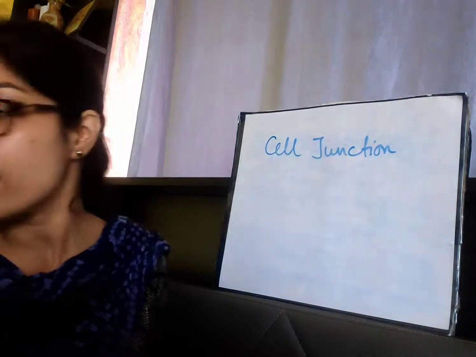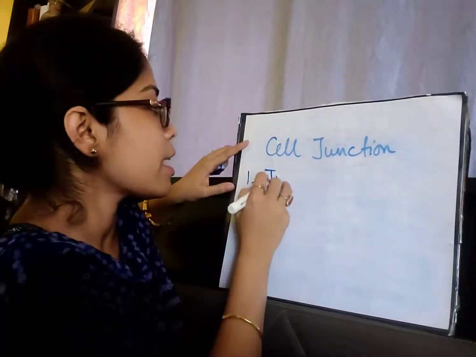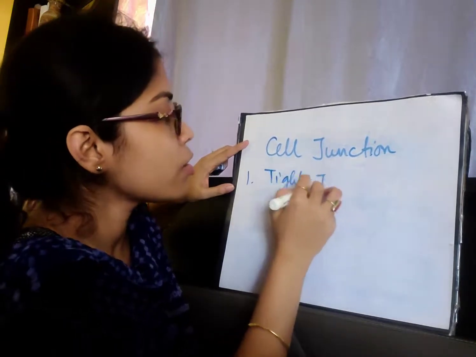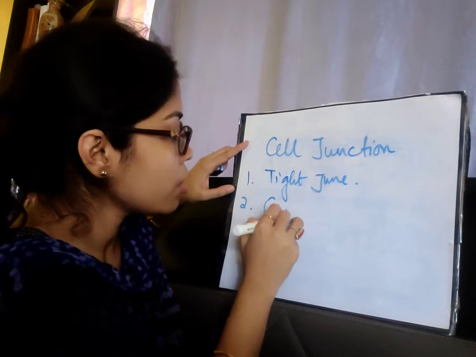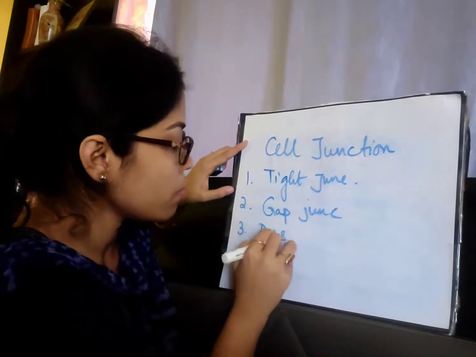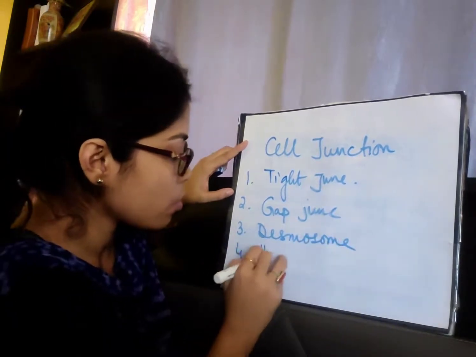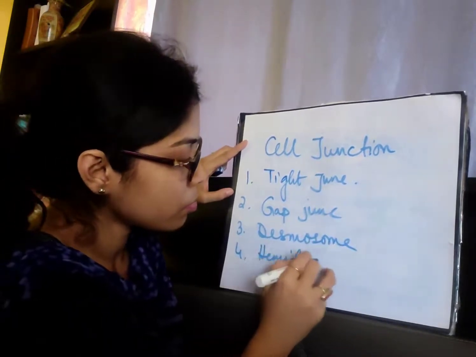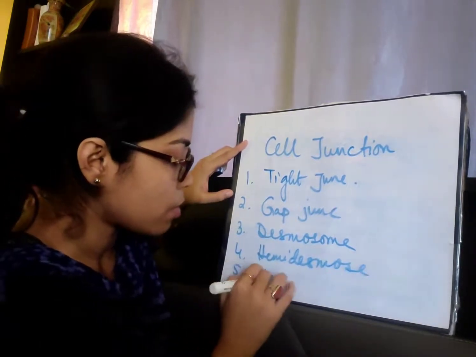So there are different types of cell junctions. The names are tight junction, gap junction, desmosome, hemidesmosome, lastly plasmodesmata.